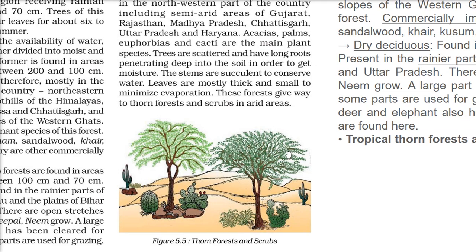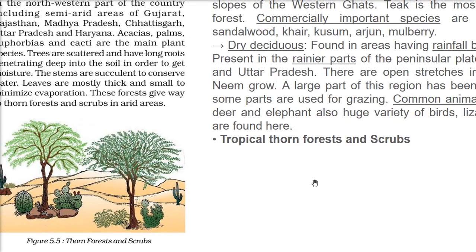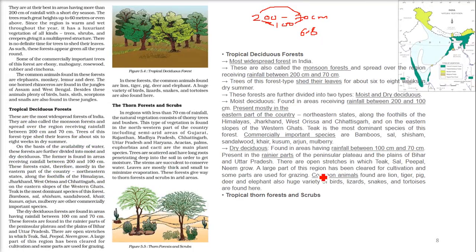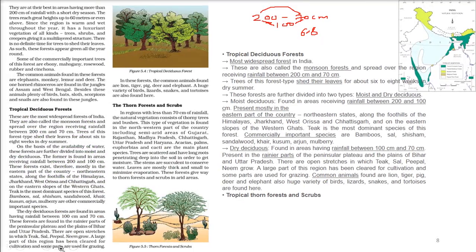Water is less, so the leaves are very small, or you can say these leaves are thorns also. The roots of whatever is growing here are quite long, because these roots are always in search of water, so they move in all directions. These are the peculiarities of tropical thorn forest and scrubs.